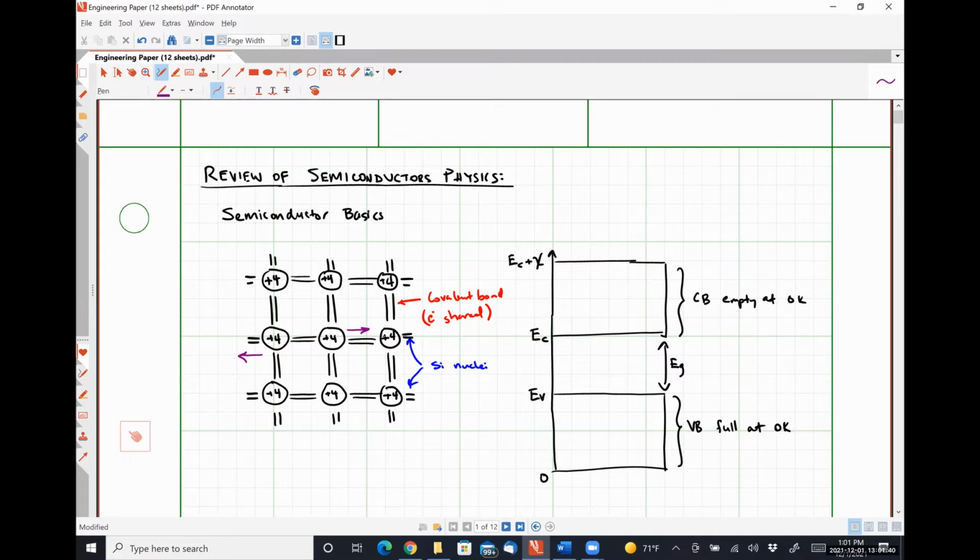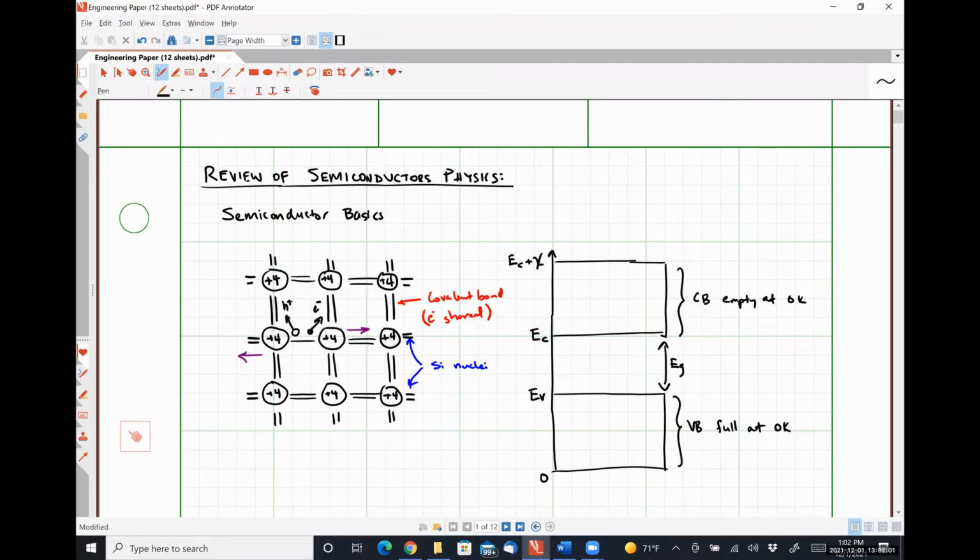And what will happen is a bond will break, and the breaking of that bond will result in an electron and a hole being formed, right?